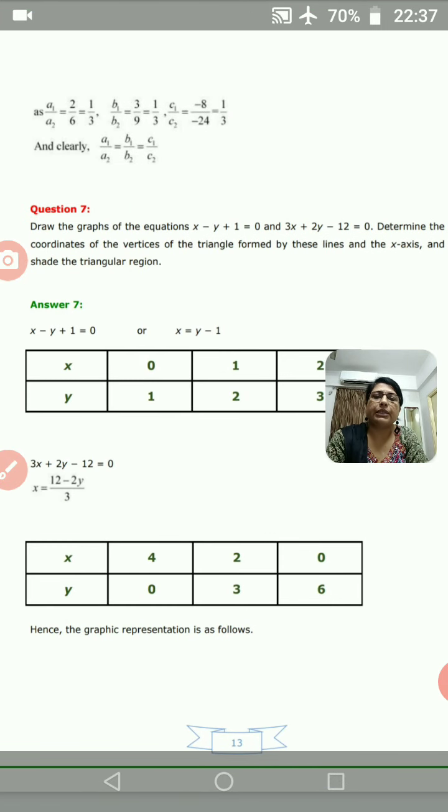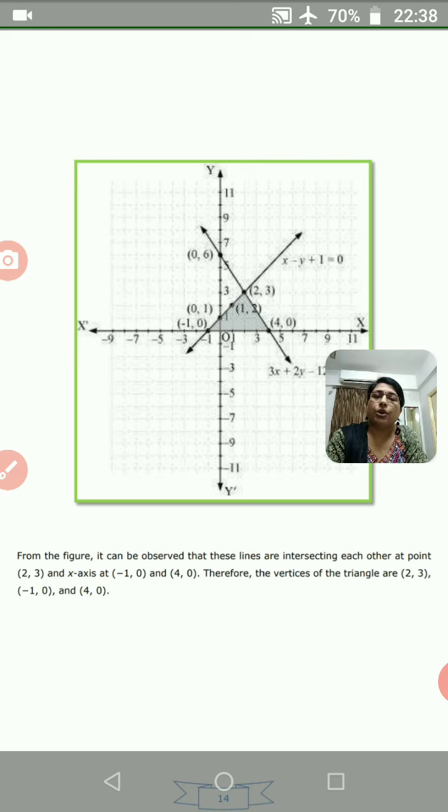Now question number 7, which is the last question of exercise 4.3.2. In this again you have to draw a graph, and as you were doing in 9th standard, you will draw a table for each equation and then draw the graph for both equations on the same graph paper.